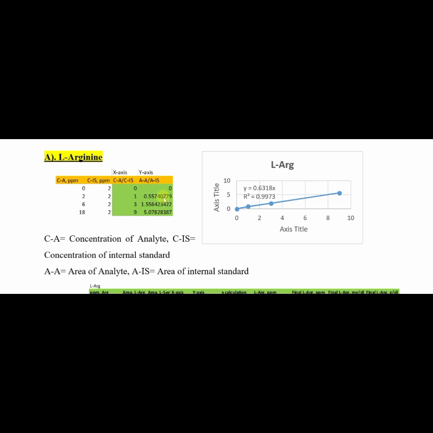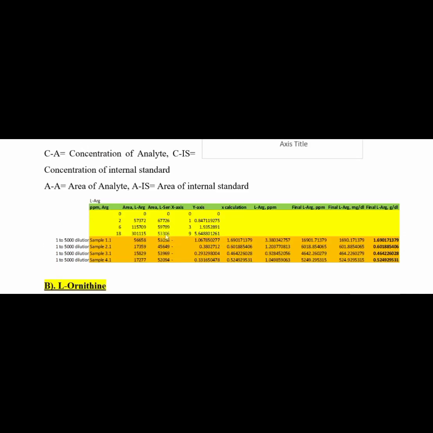Then that comes to these values. So this is the chart for L-arginine: ppm L-arginine 0, 2, 6, 8, area of L-arginine, area of L-serine, and x-axis 0.139, y-axis these are the values.